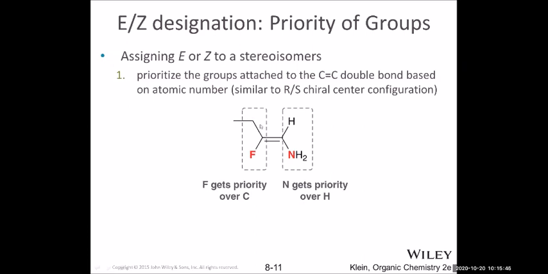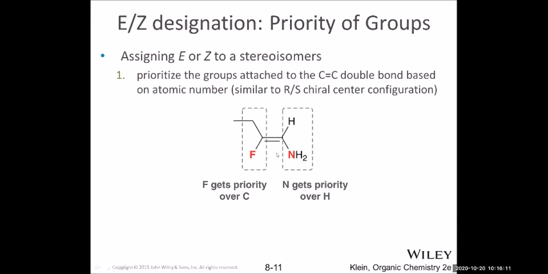There are just two substituents on this carbon: this is the carbon group and this is the fluorine atom. Fluorine has atomic number 9, and this carbon is only 6, so fluorine has higher priority than carbon. On the other carbon, you have a hydrogen and a nitrogen.